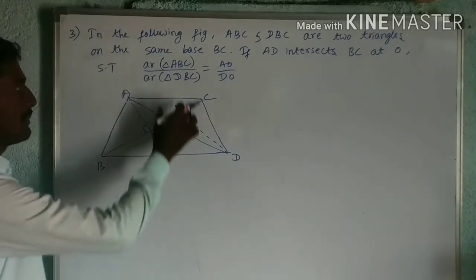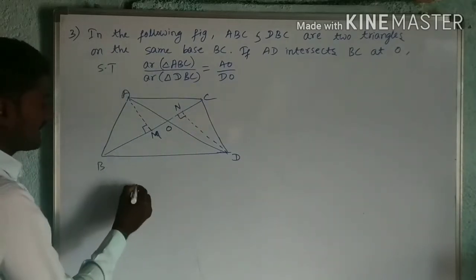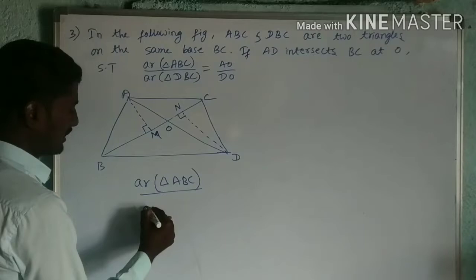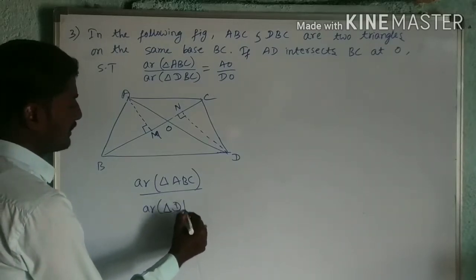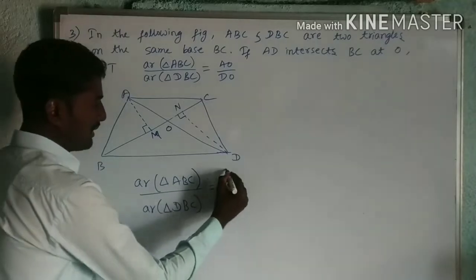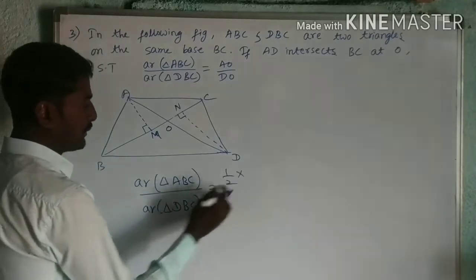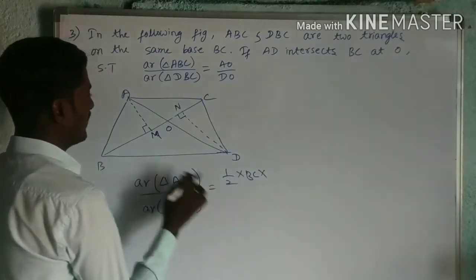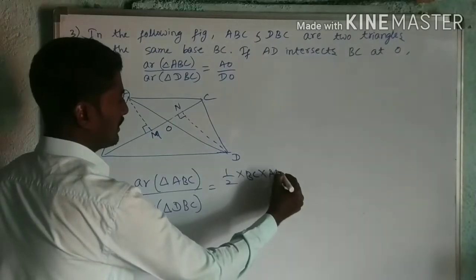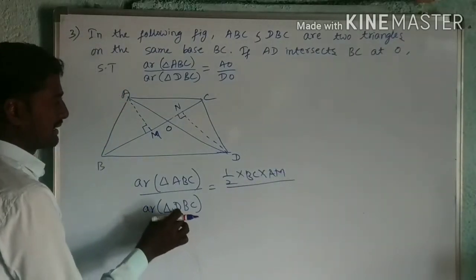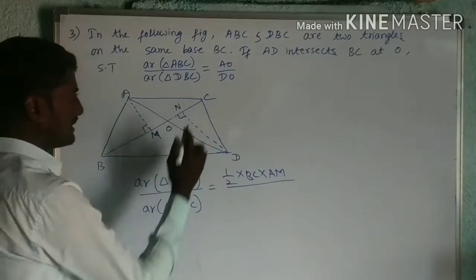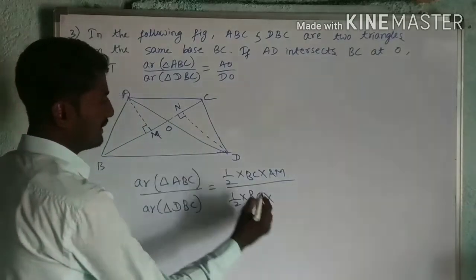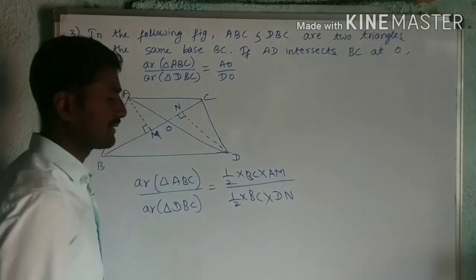Area of triangle ABC divided by area of triangle DBC, I need. So let us take LHS first. Area of triangle ABC divided by area of triangle DBC is equal to, for triangle ABC, 1 by 2 into base BC into height AM, divided by, for triangle DBC, base is BC, 1 by 2 BC into height DN.